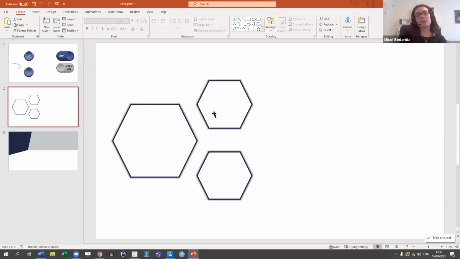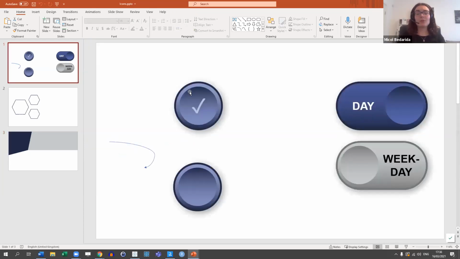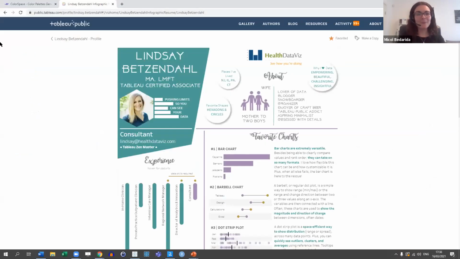You can see I experimented with hexagons because I liked the idea on her viz. The idea was to put KPIs in them, but that ended up being too messy on the dashboard, so I dropped the idea. But I did create my title here, and this is actually a hexagon, which I pasted and used for Tableau. And also the little buttons, which brings me back to Tableau Public.